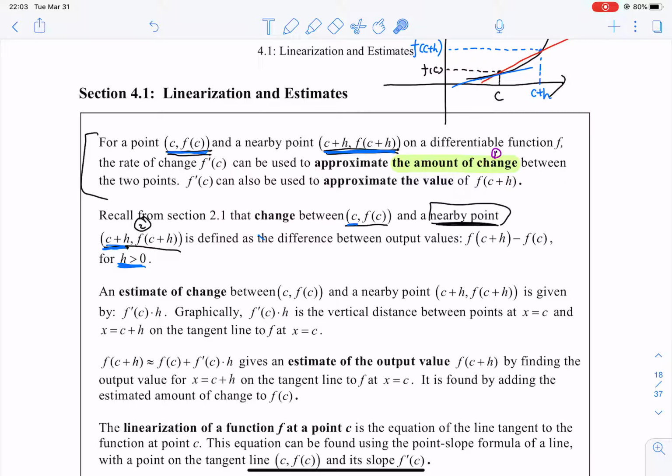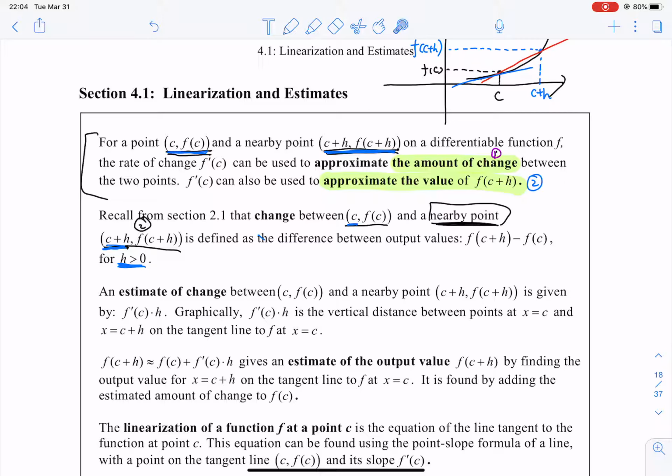On a smooth function f, the rate of change at a single point is just f prime of c. The rate of change f prime of c can be used to estimate the amount of change between 2 points, and it can also be used to approximate the value of f of c plus h.